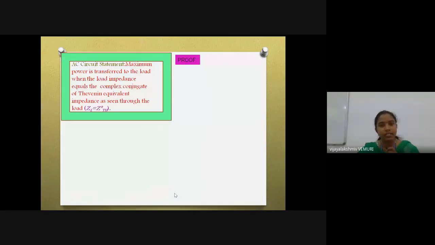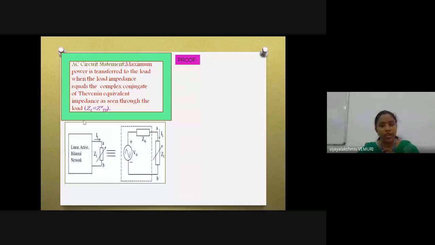And coming to the AC circuit statement, whenever you have an AC circuit like this, I have a linear active bilateral network and a load impedance ZL. What is the condition for maximum power transfer from source to the load? First of all, you need to reduce this complete linear active bilateral network, which is very complex or whatever it may be, to the Thevenin equivalent circuit, which is VTH and ZTH.